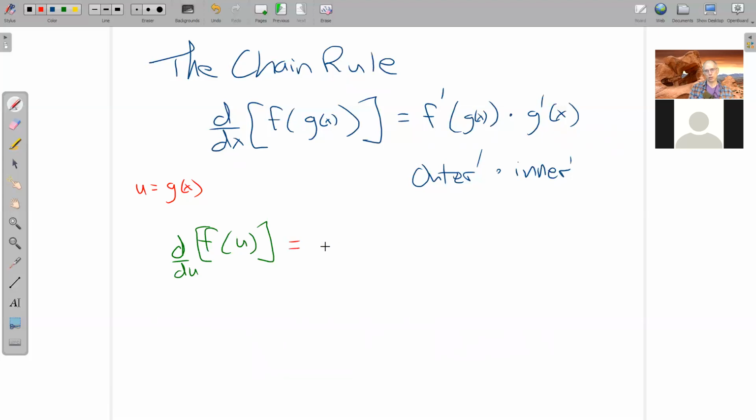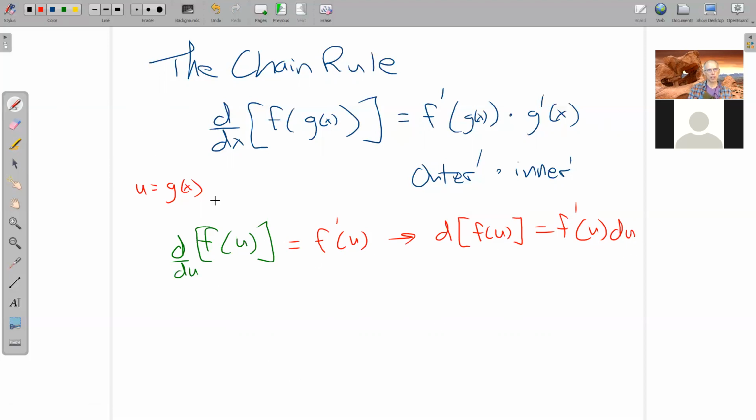Then that's what we're going to call f prime of u here. And then we can move the differential over to the other side. So the differential form says the derivative of f of u is equal to f prime of u du. All right, so just using a different variable, that's what a derivative is.